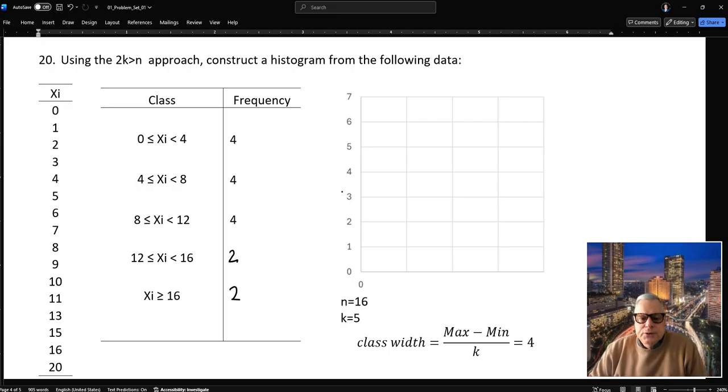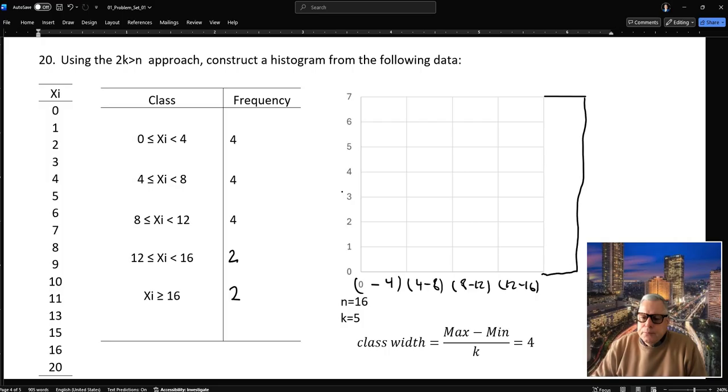Okay, so now our first range would actually go from 0 to 4. Then 4 to 8, 8 till 12, 12 to 16, and then another one from 16 to 20.